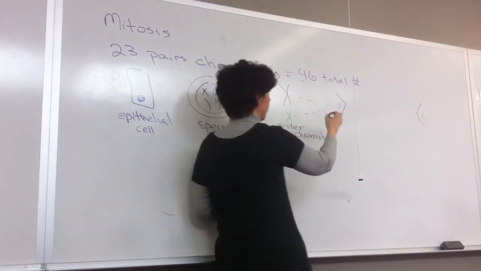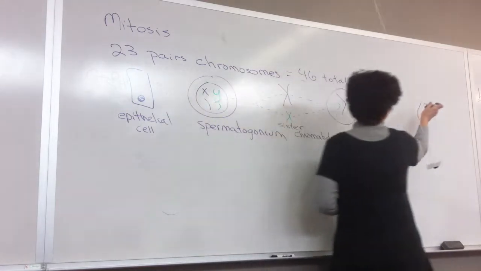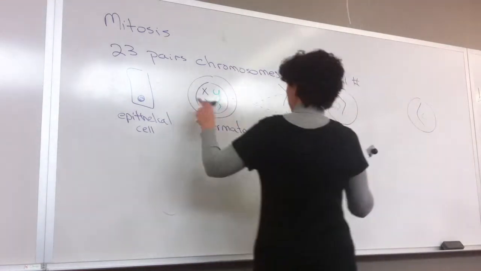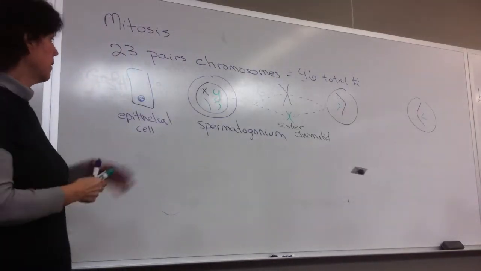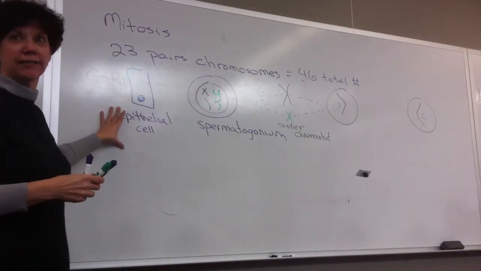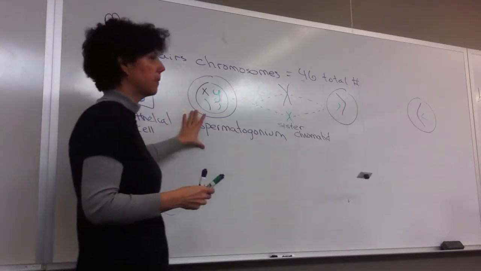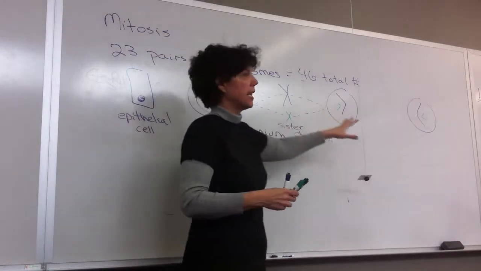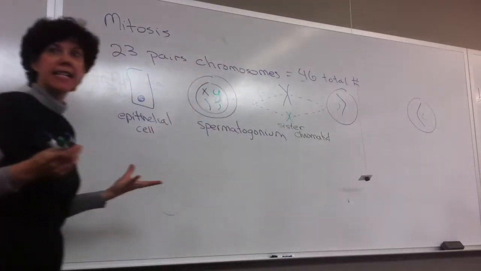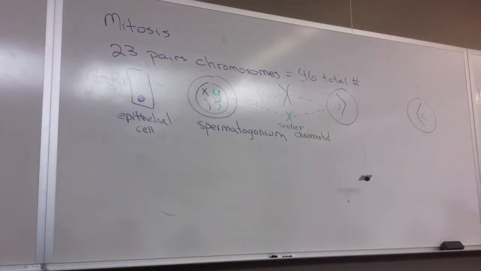And then those separate, and we have 2 new cells that look identical to the parent cell. So whether it's an epithelial cell undergoing mitosis, or a spermatogonium undergoing mitosis, each of these replicates and has identical daughter cells as far as the chromosomal material is concerned.